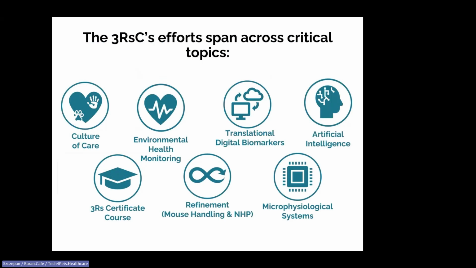We have a lot of different efforts within the 3 Rs Collaborative. We have a cultural care, environmental health monitoring. We also have a translational digital biomarkers initiative, obviously an AI initiative. We also have a 3 R certificate course. We'll chat in a second about that. We also have a refinement initiative for mouse handling and non-human primates, and then also an MPS, organ on a chip initiative.